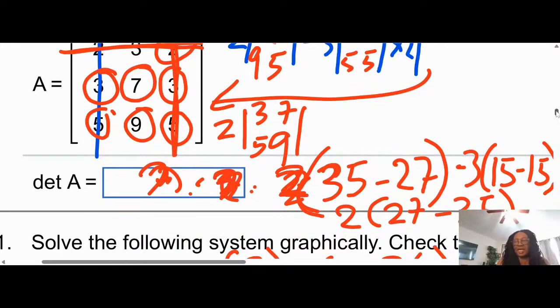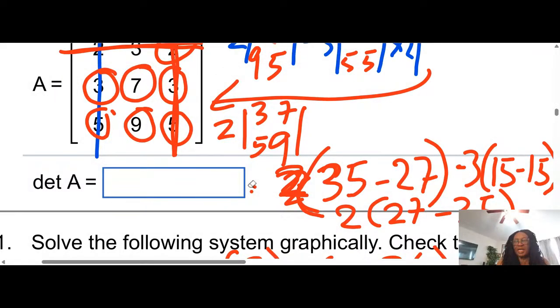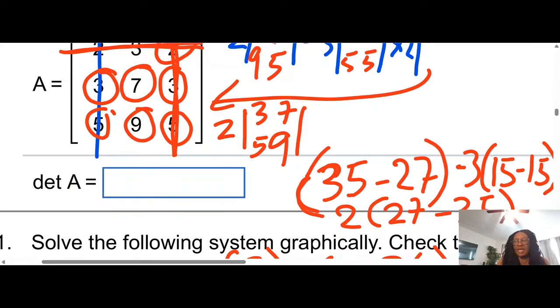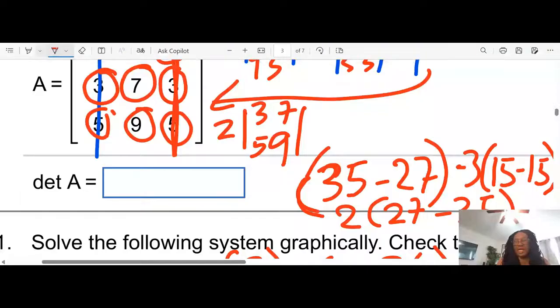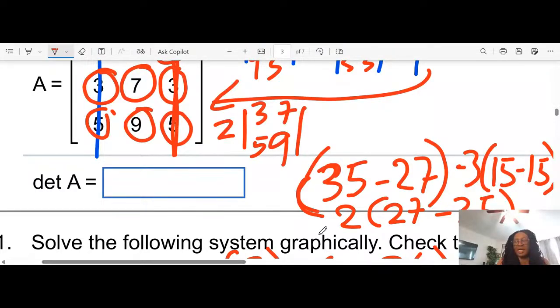First of all, we need to check all the things we did and see if we made any mistake before we put it in a calculator. So we have 2 here. So the number in front here is 2.